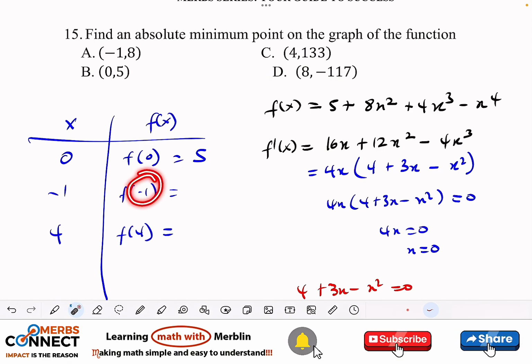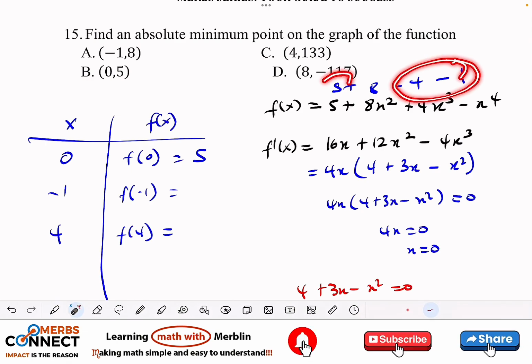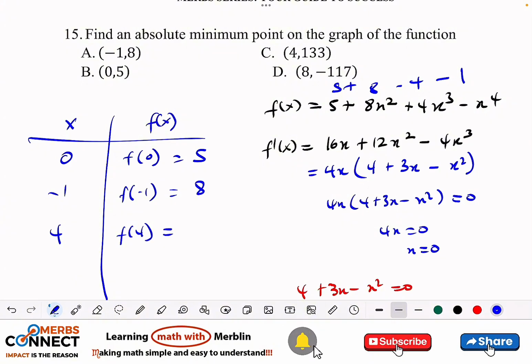Plug in minus 1. Minus 1, this one will be squared. So I'm going to have 5 plus 8 minus 4 minus 1. So this is going to be 5, and this is going to be 5. So I'm going to get 8 from there. Then when I plug in 4, let me use my calculator and see what I'm going to get.